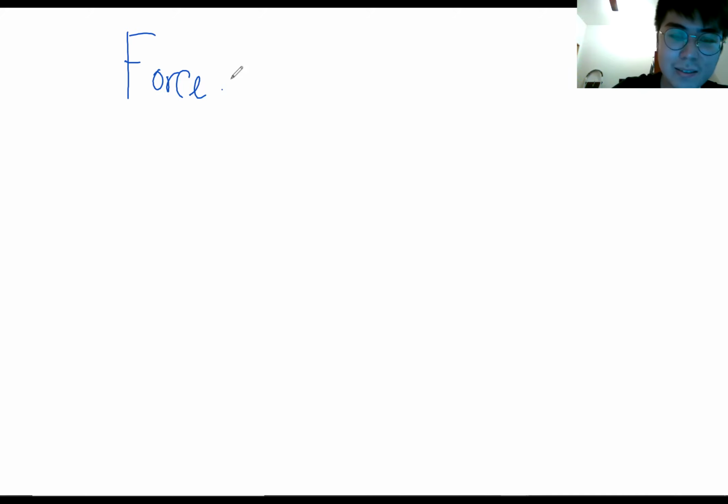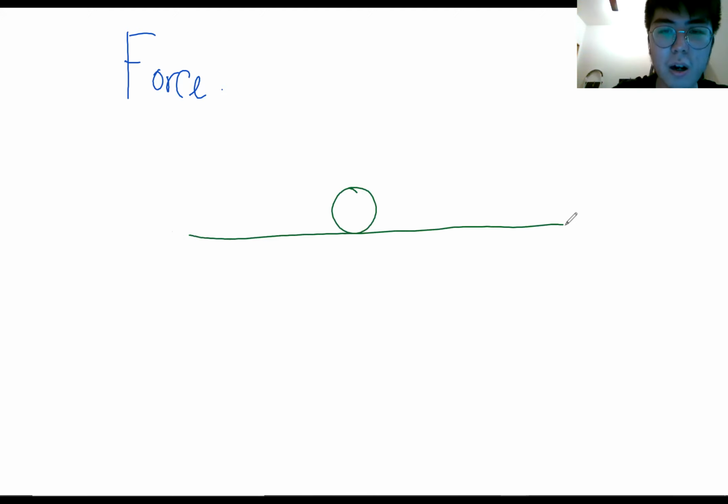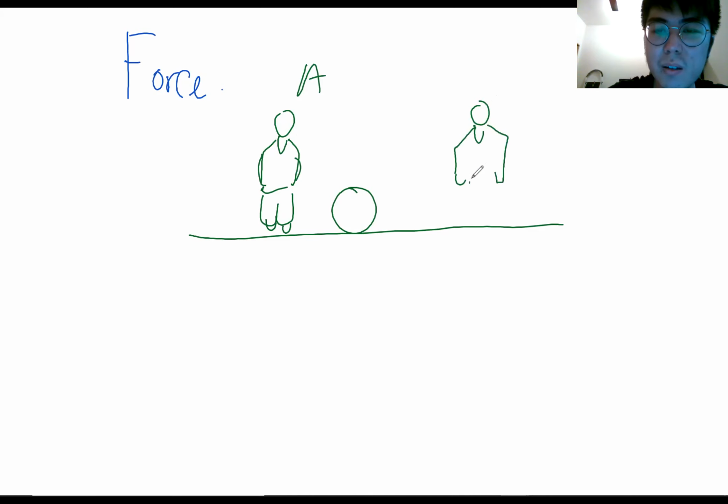let's consider a stationary ball on the ground. Stationary means at rest. Suppose player A wants to pass the ball to his teammate B. He needs to move the ball in the direction of his teammate, right?